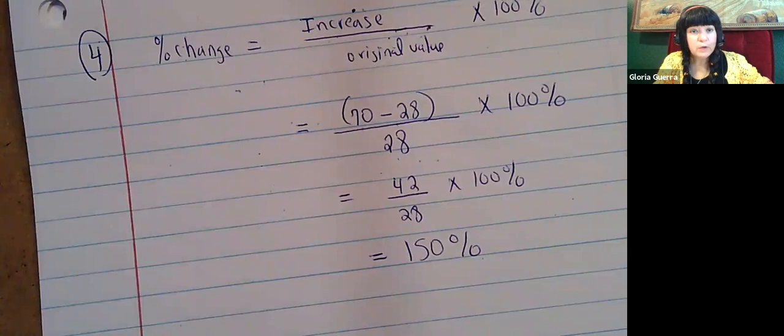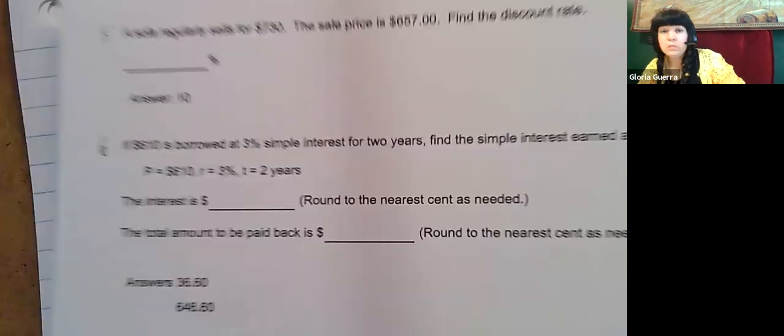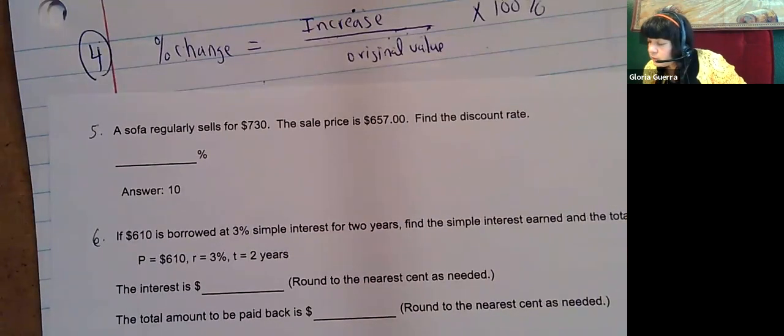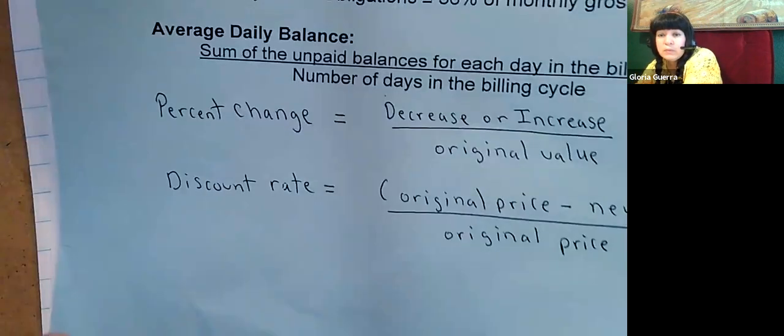Okay, now let's look at number 5. A sofa regularly sells for $730. The sale price is $657, and they want you to find the discount rate. Okay, so we do have a formula on our paper for discount rate.